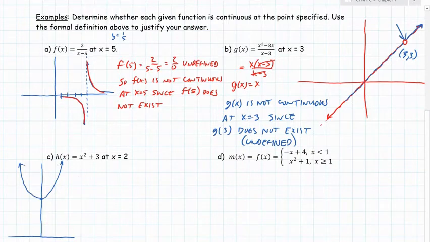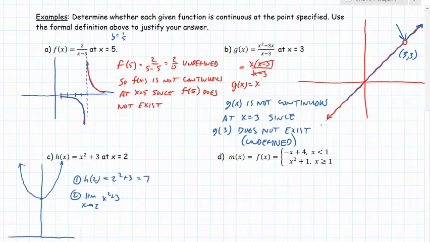And so step 1, f of 2, or h of 2, is equal to 2 squared plus 3, so that is 7. Step 2, does the limit as x approaches 2 of x squared plus 3 exist? And yes, it does.